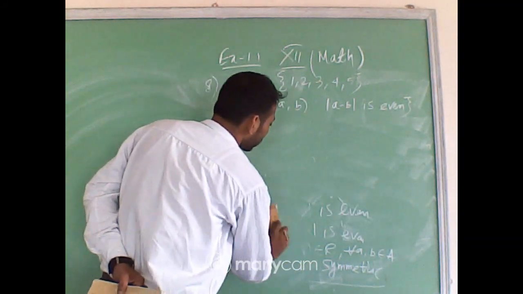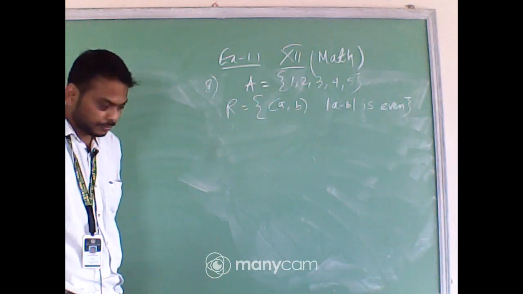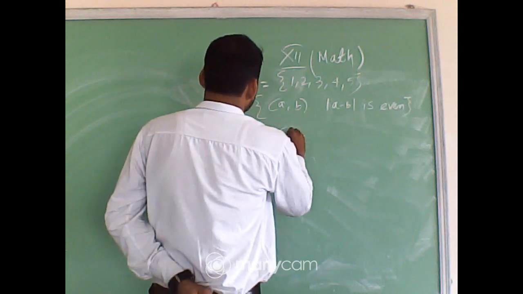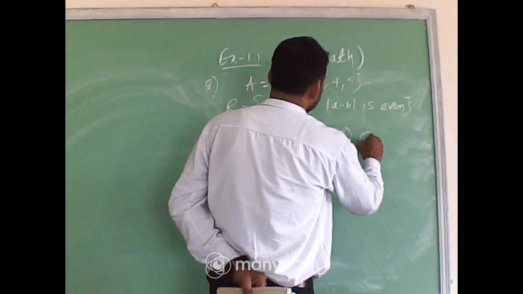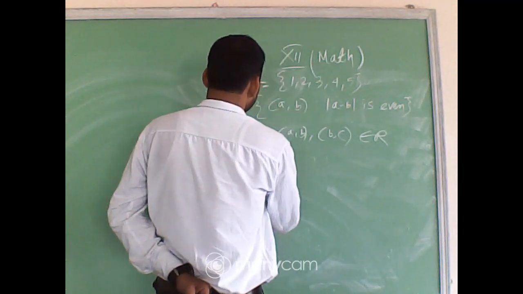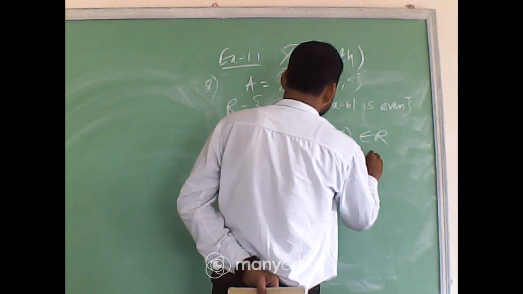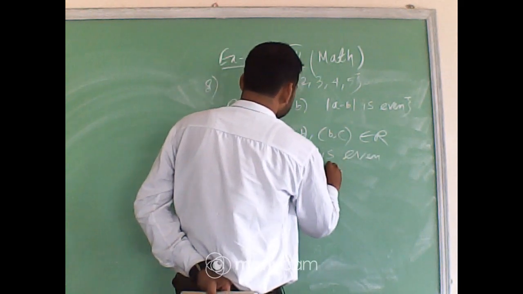Next, we will check the transitive property. Let the ordered pairs (a, b) and (b, c) belong to R. Therefore, |a - b| is even and |b - c| is also even.